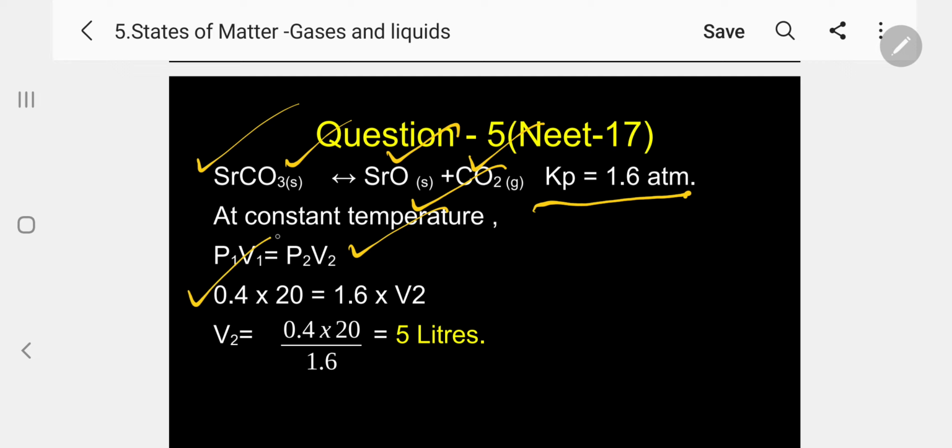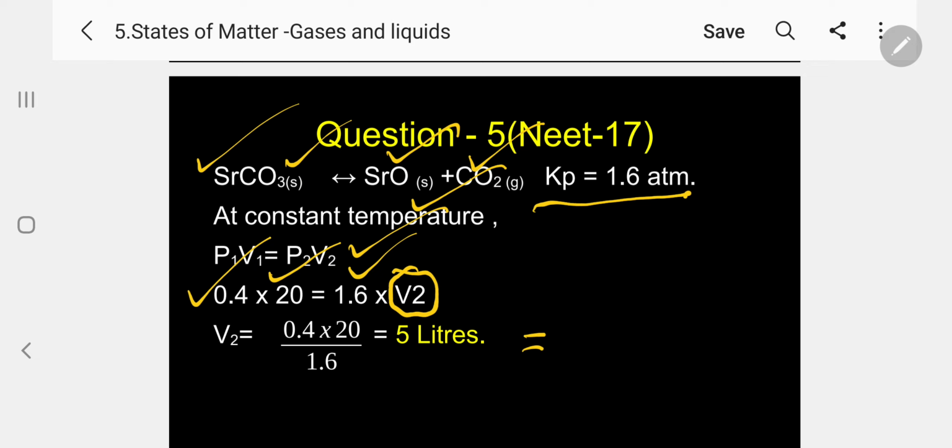P1 is 0.4, V1 is 20, and P2 is 1.6, and we have to determine V2. So what is the volume V2 when carbon dioxide is liberated completely from the strontium carbonate? So V2 equal to 0.4 into 20 divided by 1.6.